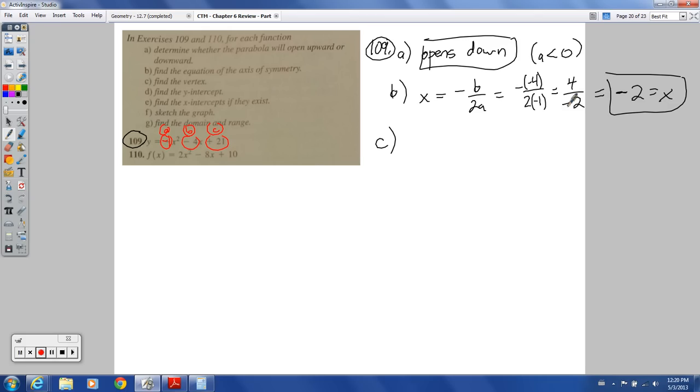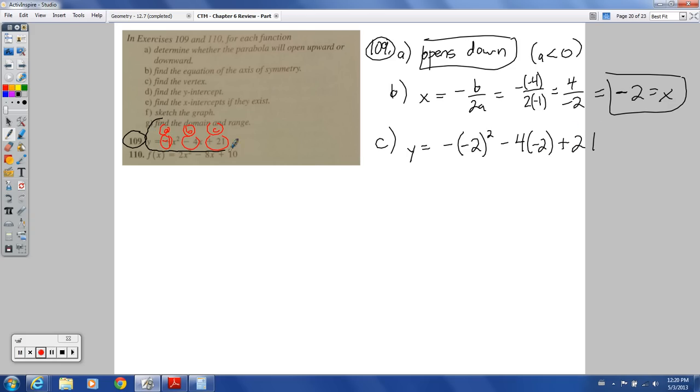If you want a more thorough explanation, go back to the notes. If you're one of my students, go back to the notes we took on this section. But we have x equals -2. That's the x value of the vertex. And so we're going to find the y value by plugging that in. So y would equal negative, and then we have -2 squared minus 4 times -2 plus 21.